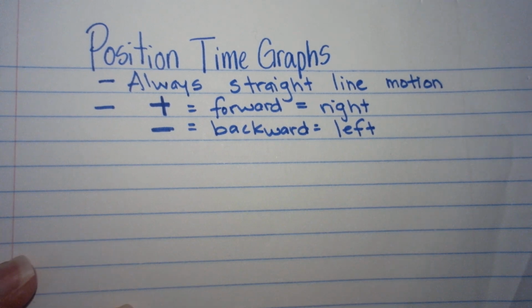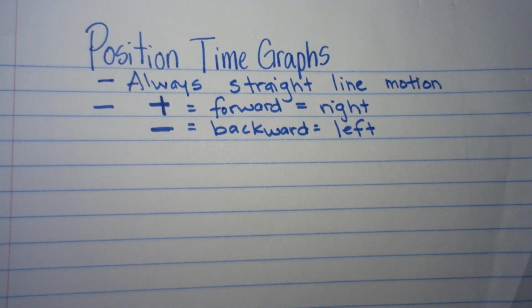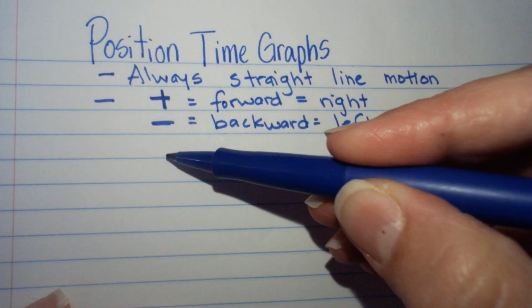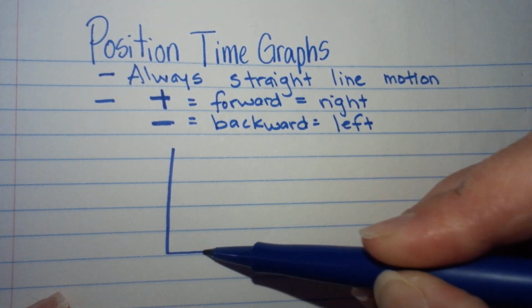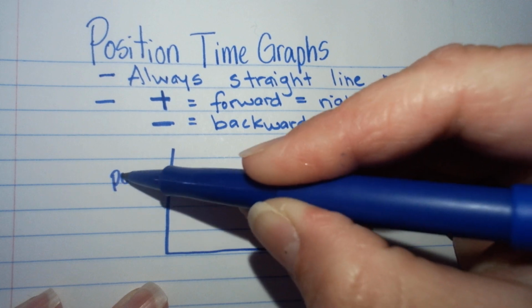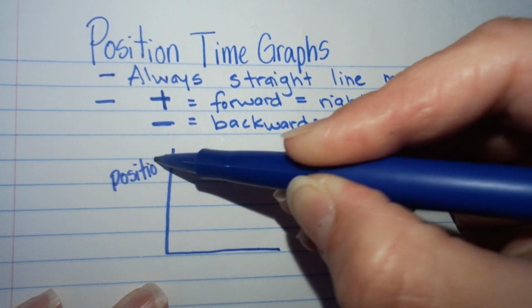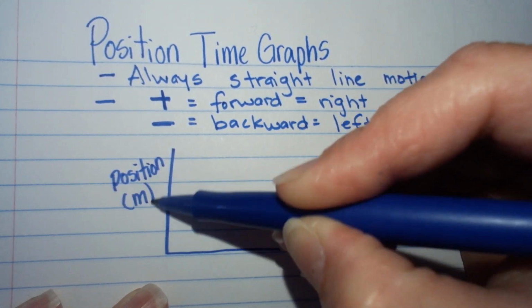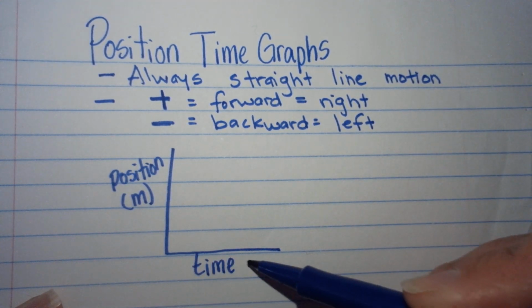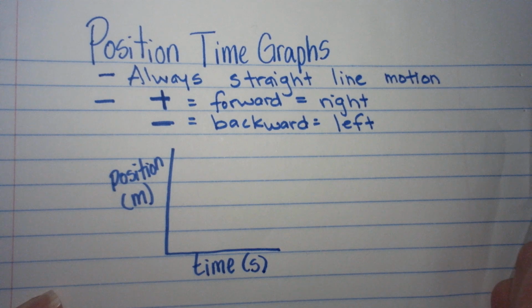Okay. Let's look at some generic graphs. We know that the position is always on the y, and it is usually in meters for our sake, and time is on the x, and it is usually in seconds for our sake.